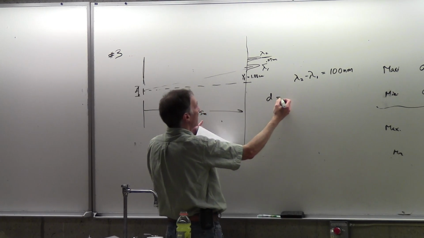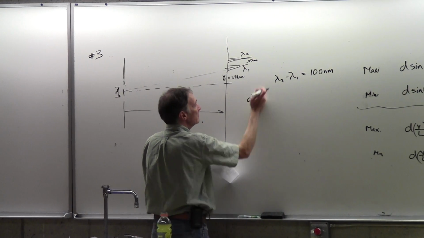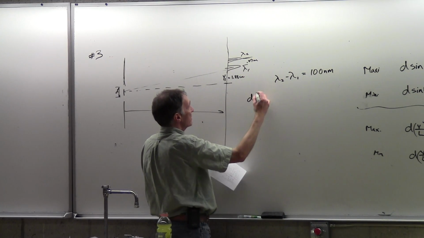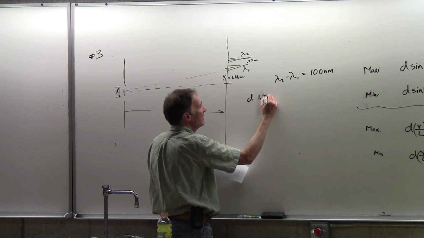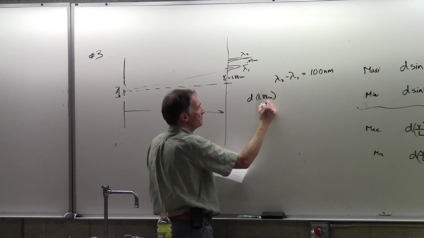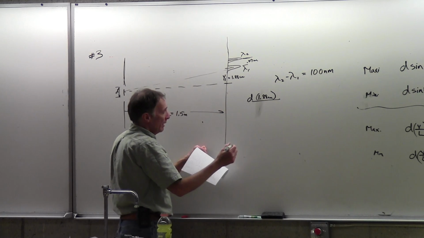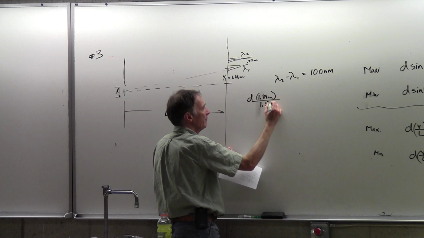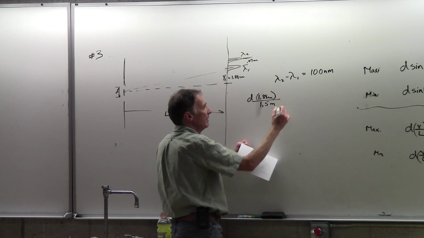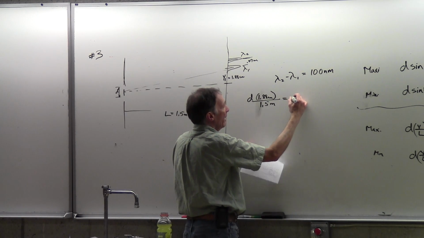So then d times the sine, which is going to be y1, 1.88 centimeters, all over the length, 1.5 meters, so that's d sine theta is equal to m.